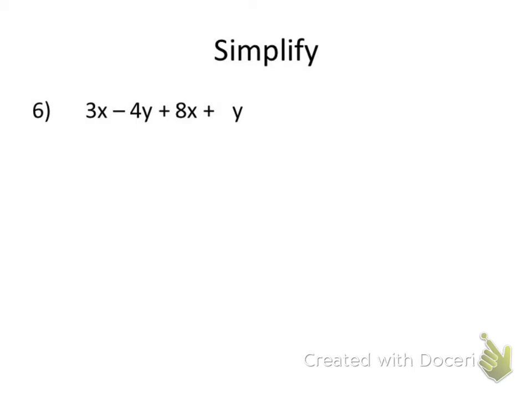Alright, where do I want to start on this one? 3x. Oh, the minus goes with which term? The 4y. So don't put it back here with the 8x. This is a plus 8x. So what is 3x plus 8x? 11x. Good.